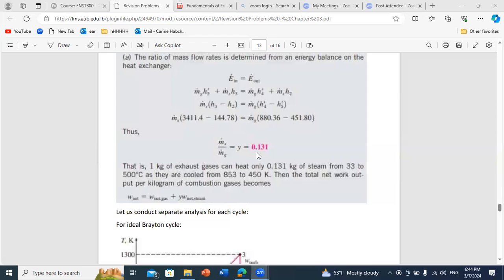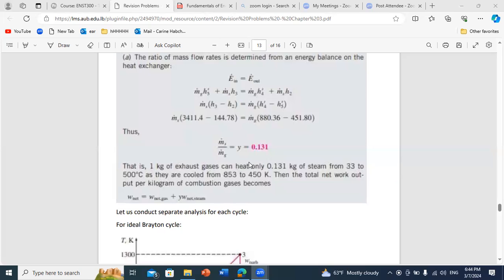This information tells you that if you have 1 kilogram of exhaust gases, you can heat only 0.131 kilogram of steam. If you want to heat more, then as I told you, you should add a boiler. So you cannot use only the combination of the two cycles.